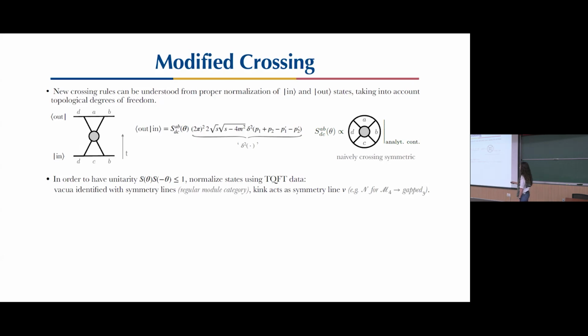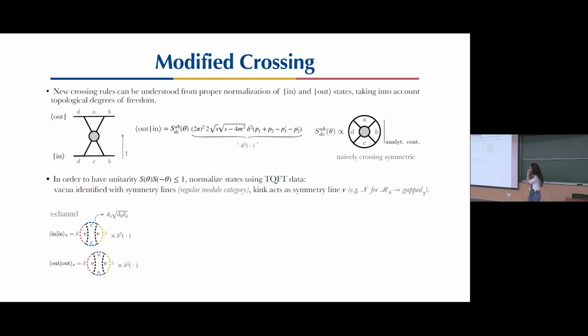So in mathematical words, this is the regular module category. And then also that our kink acts as a symmetry line itself.